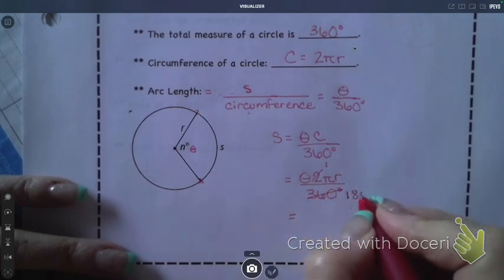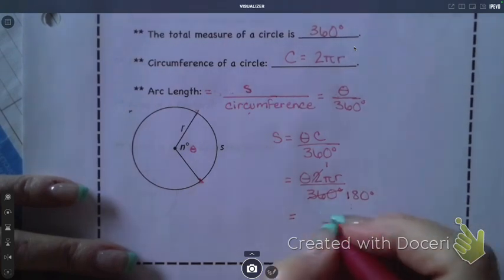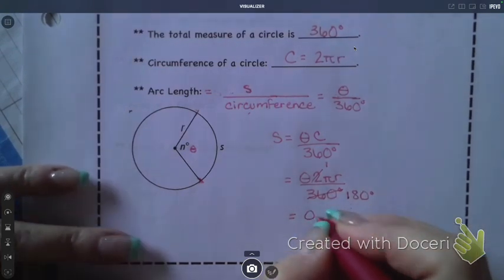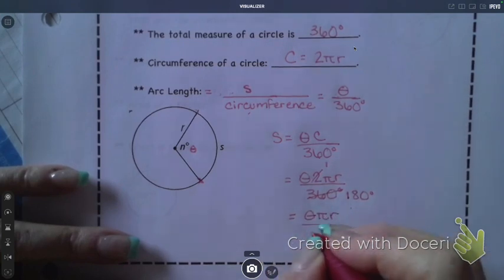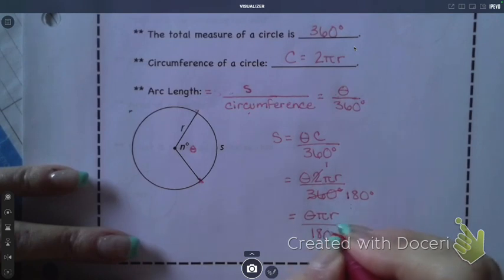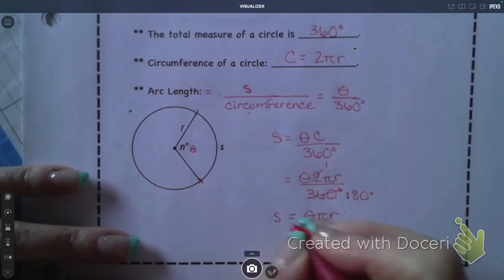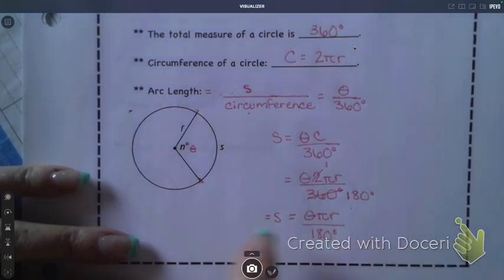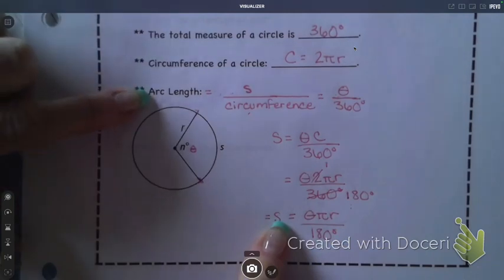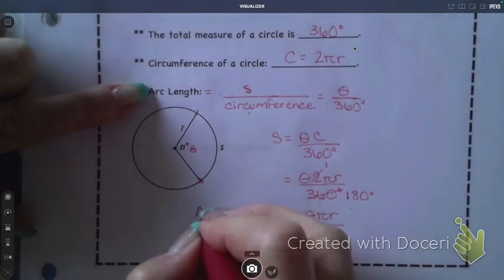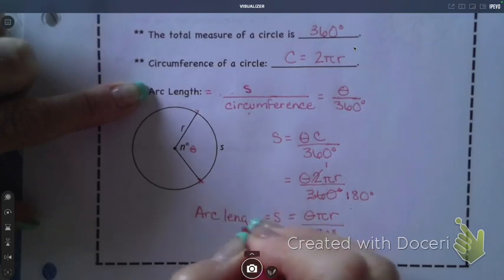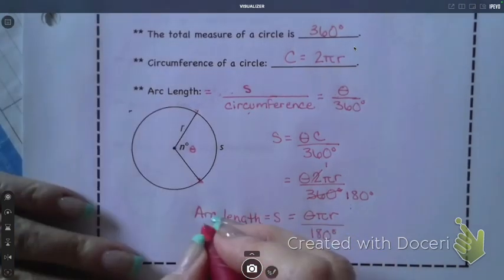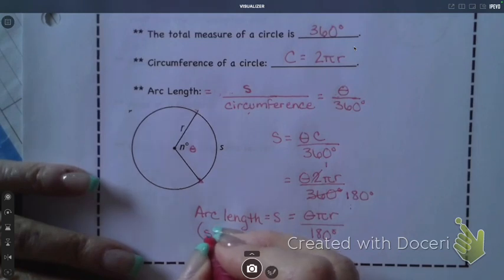So I have theta times pi times r over 180 gives me S. What was S? Arc length. You will also hear or see it called sector length.